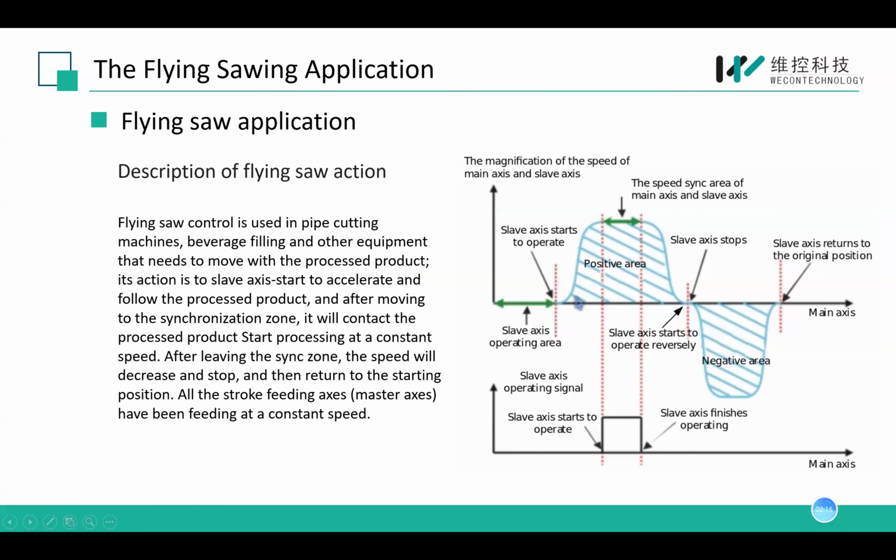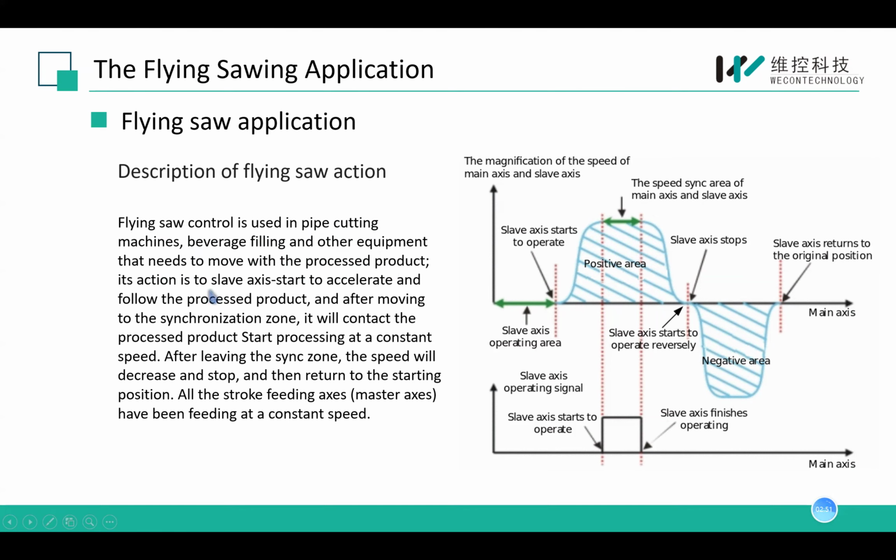This is the speed and position relationship between the master axis and the slave axis. The flying sewing control can be used in a pipe cutting machine or beverage filling and other equipment that needs to move with the processed products.